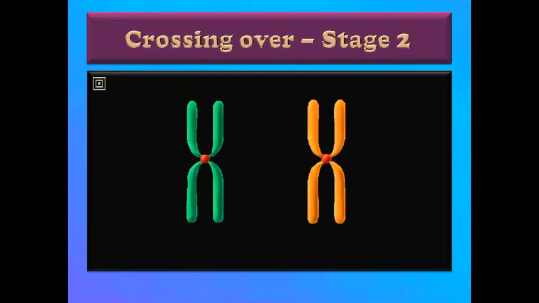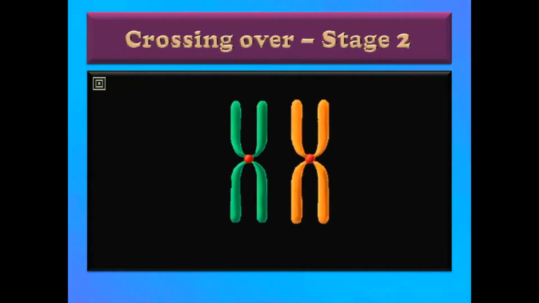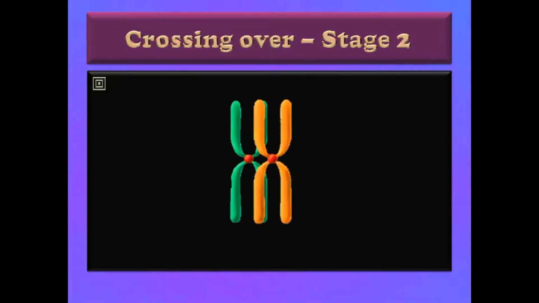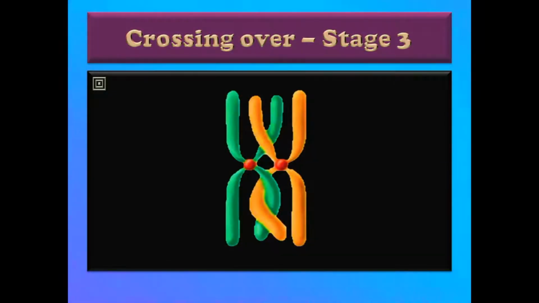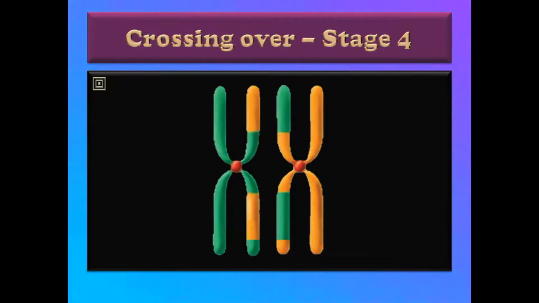In the second stage, you can see that the chromosomes are brought close together, and they start to exchange, or pairing takes place. Here you can see the process of crossing over, where the genes get exchanged. As a result, the offsprings get new characters, which are a combination of both the parents.